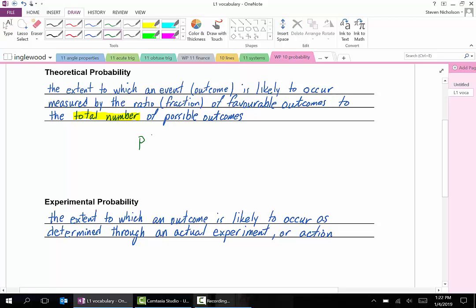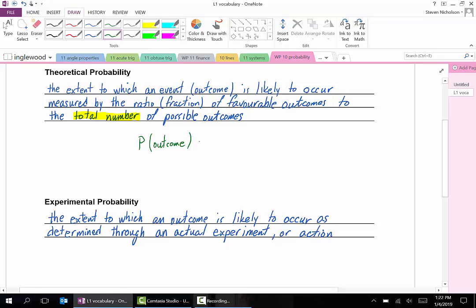P stands for probability. So the probability of an outcome. An outcome is just what you want to happen. You know, flipping a coin, is the outcome heads or is the outcome tails? Rolling a die, is the outcome 1 or 2 or 3 or whatever?